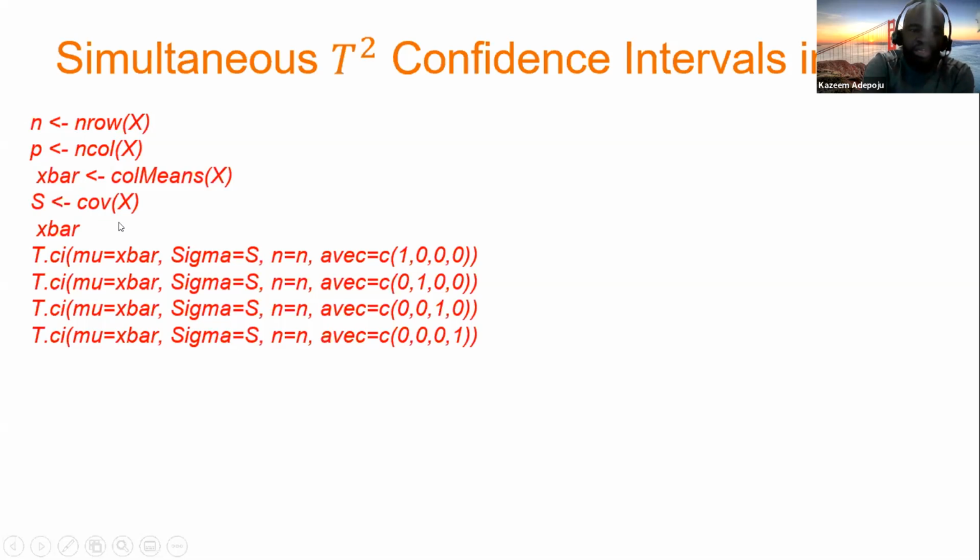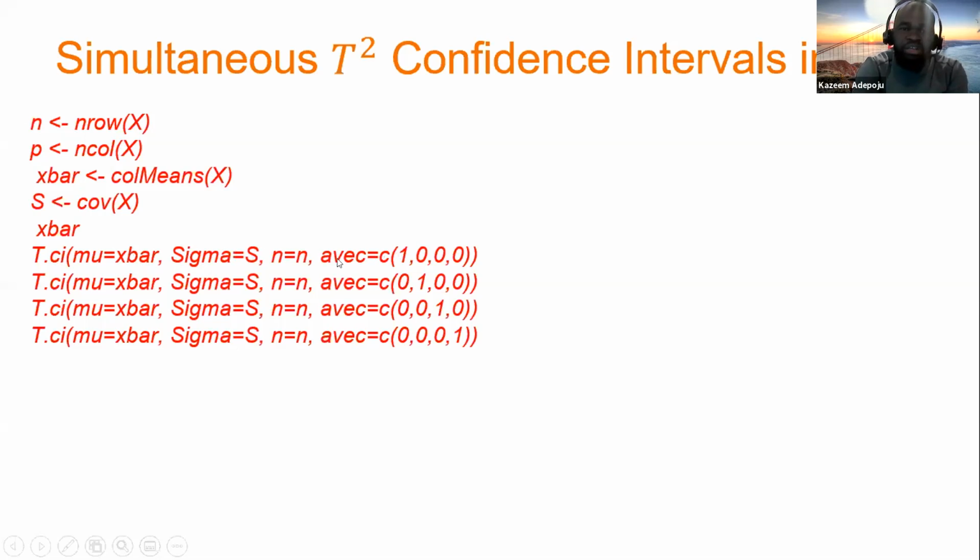Can you see that now? Then this is the interval for the first mean in the mean vector. Look at what I specified, mu. Can you see that?